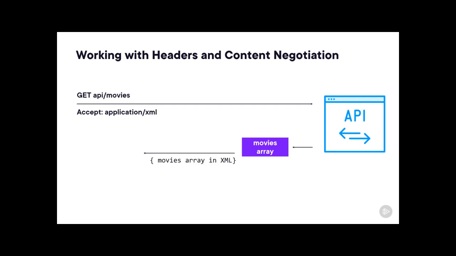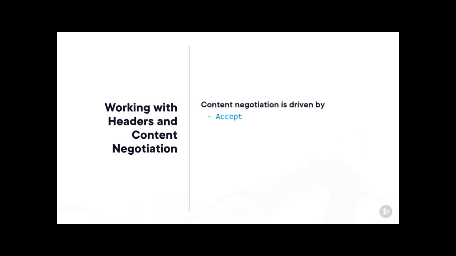If the value is application/xml, the XML representation should be returned. Accept is one of the headers used in content negotiation. Others are Accept-Encoding for the encoding, typically used when working with compression, Accept-Language for multi-language support, and Accept-Charset for working with different character sets. Let's check out that Accept header in the next demo.